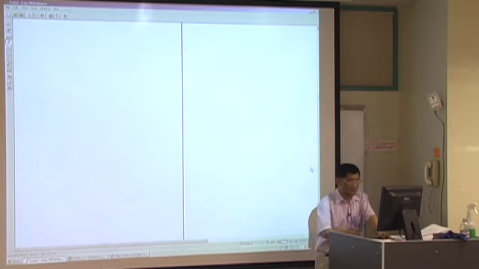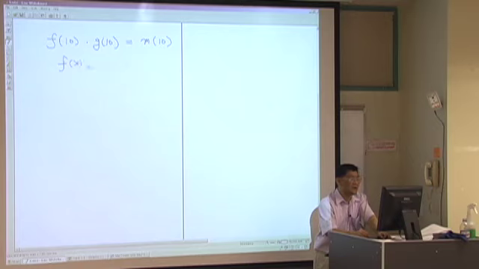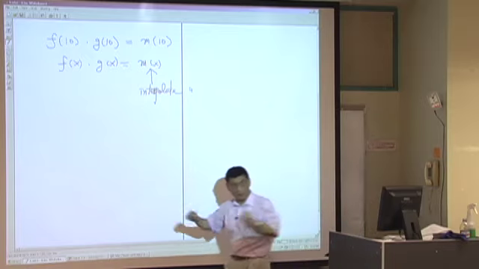So I will summarize it. Instead of finding f of 10 multiplied by g of 10, we find f of x multiplied by g of x, the function m of x, and then we interpolate m of x at an appropriate number of points, right?